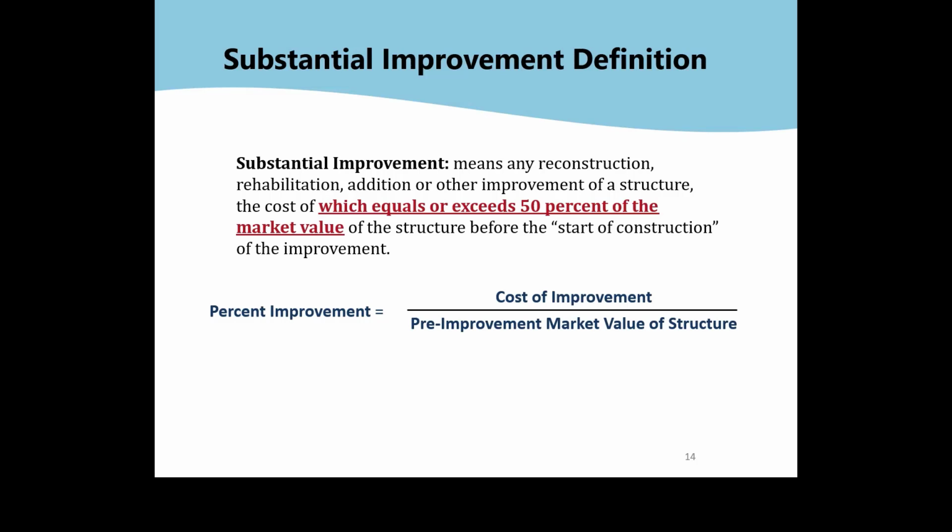So basically, you're just dividing the cost of the improvement that is proposed by the pre-improvement market value of the structure to get a percentage. And if that percentage equals or exceeds 50%, then you have a substantial improvement.